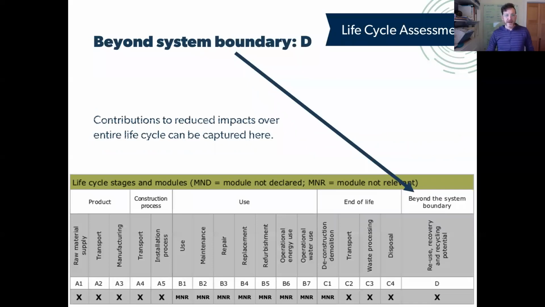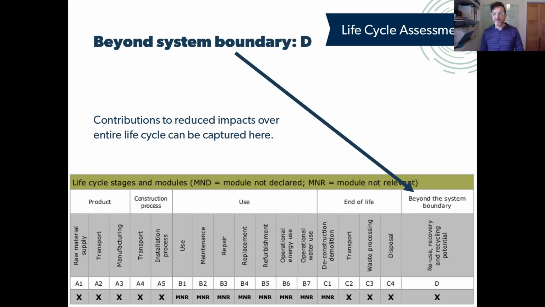And then finally, the D category is implications that are beyond the system boundary. And here's where it sort of includes things like reuse, recovery, and recycling. So if at the end of the lifespan of, say, a steel frame building, you're able to recycle a whole bunch of that steel, that will lessen the emissions required to make new steel.